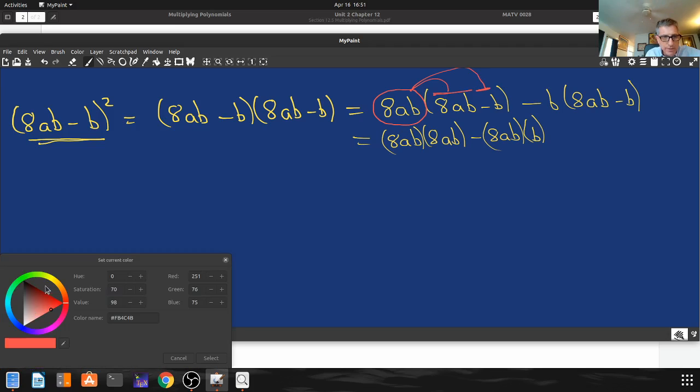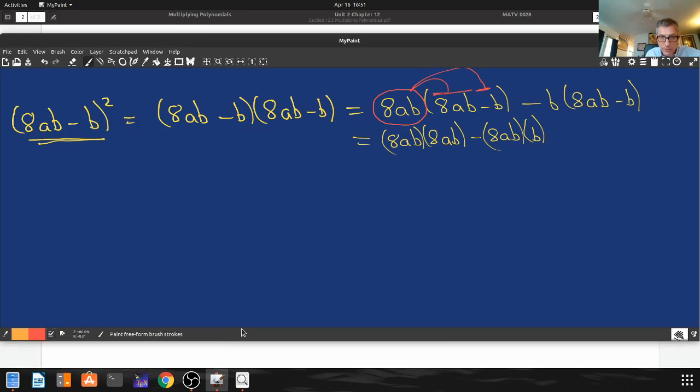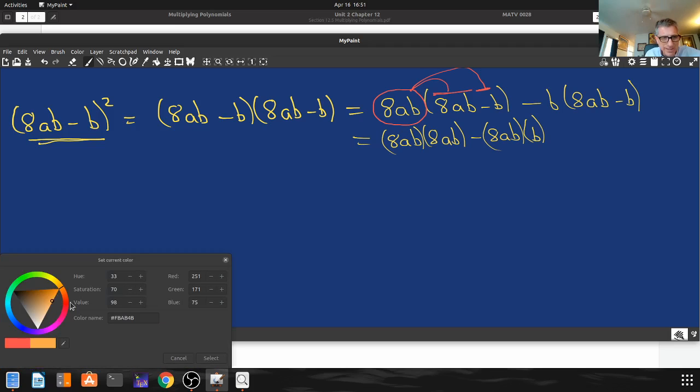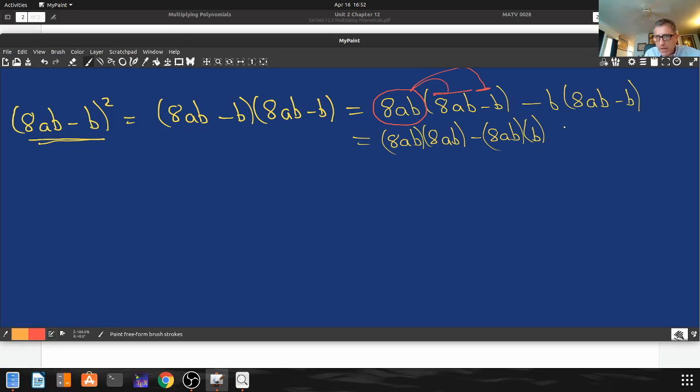Now down here at the bottom, I'm doing an intermediate step. This is minus b times 8ab, and then this is minus b times minus b.